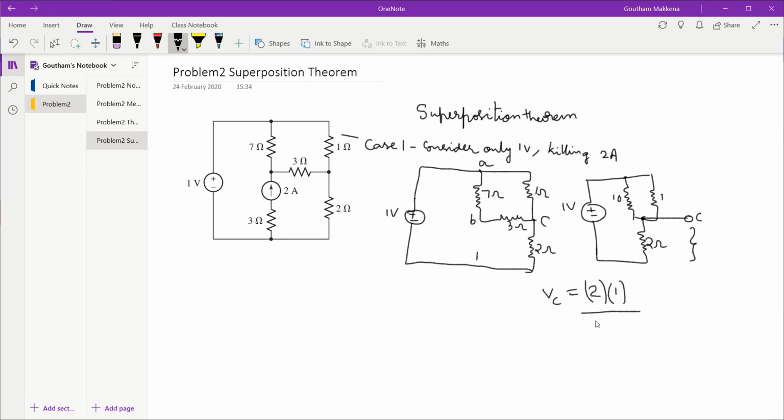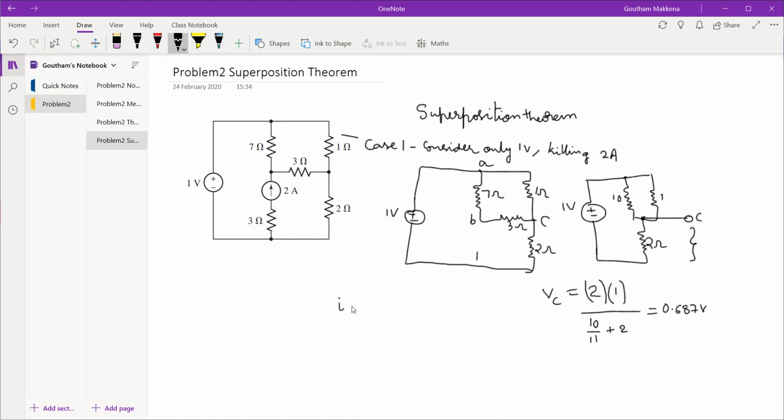The parallel value of 10 and 1 is 10 into 1 by 10 plus 1, which is 10 by 11. I add it with 2, so I get a value like this. If I plug in these values, what I get is 0.687 volts.